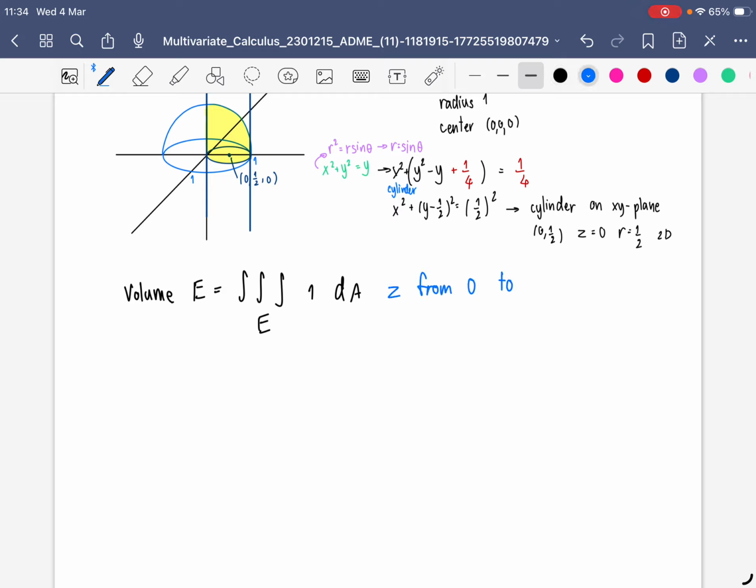It goes up like this. Your sphere you have already: z equals square root of 1 minus r squared. This comes from the sphere.